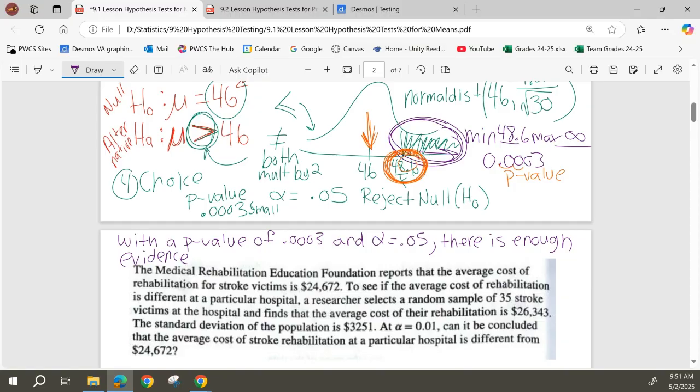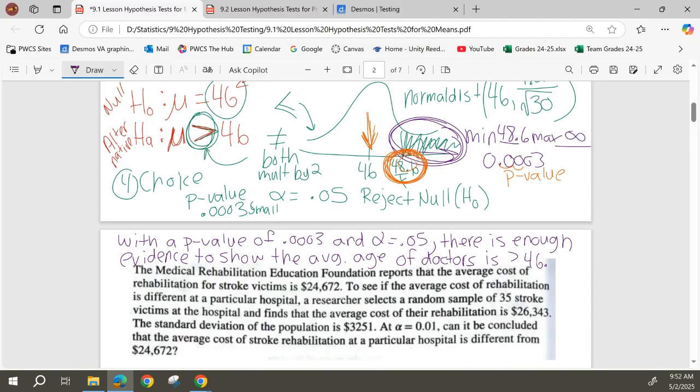So there is enough evidence to show here that the average age of doctors in this system, and I'm going to skip the in this system, is greater than 46. And you would write that out in words. I just have a lack of space.